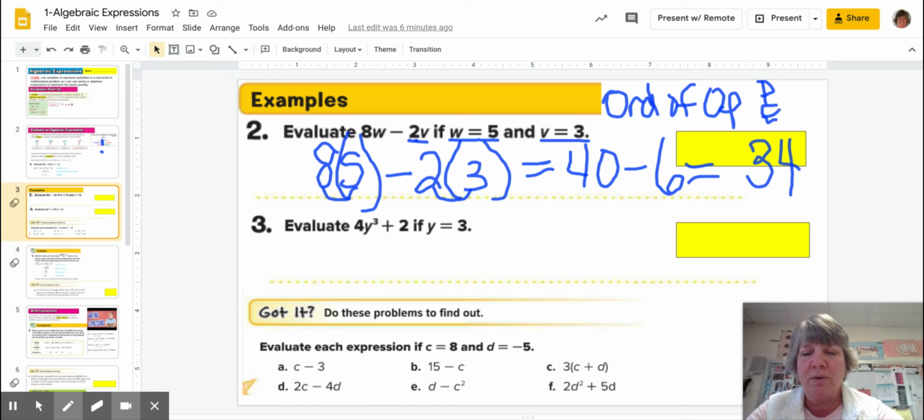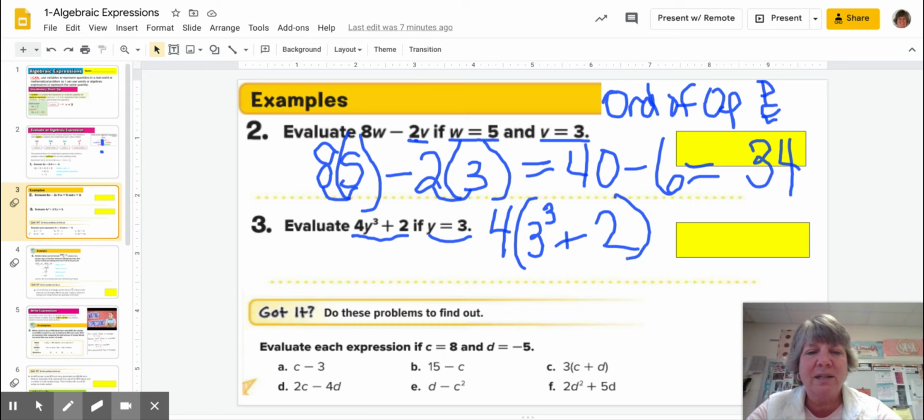All right, so starting with number 3. I have 4y to the third power plus 2 if y equals 3. So I put my 4, y to the third power. That means 3 to the third power plus 2.